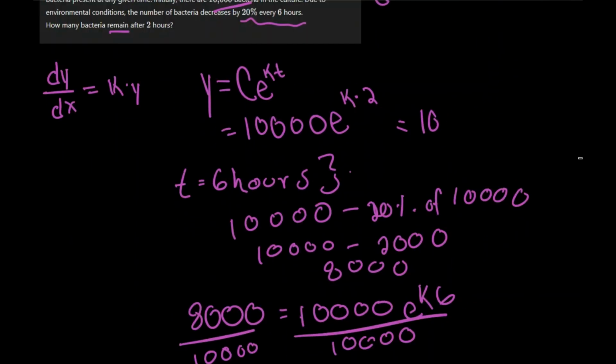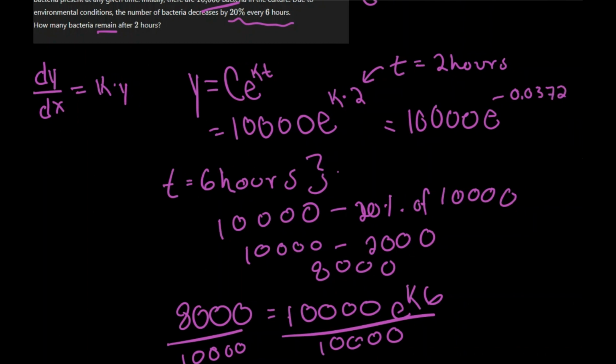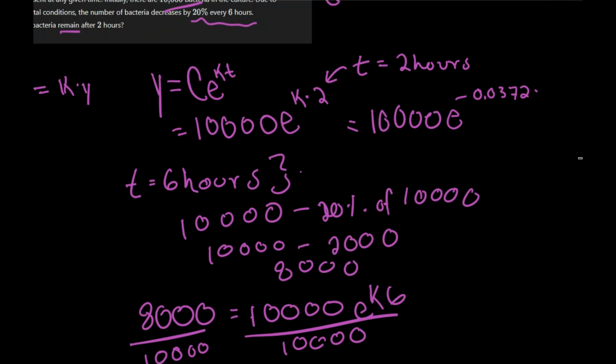We have t equals 2 hours, because we're solving at time equals 2 hours. So we set our initial value of 10,000 times e raised to the rate, which was negative 0.0372, times 2 hours, because we're solving for our value at time equals 2 hours.